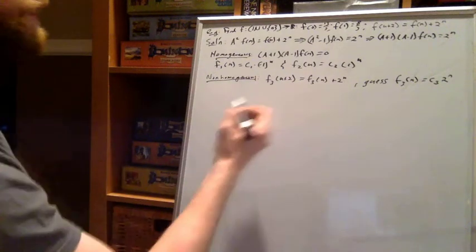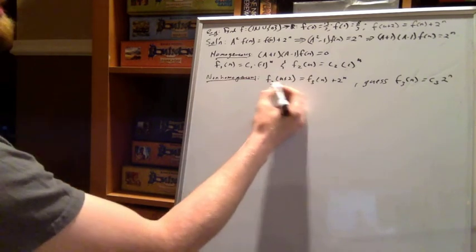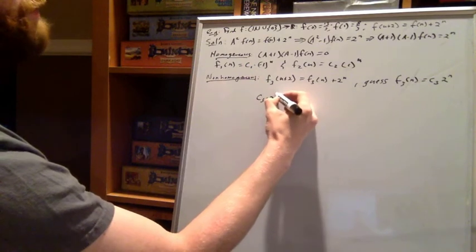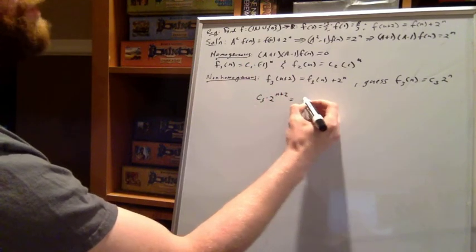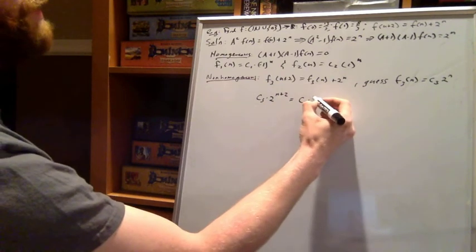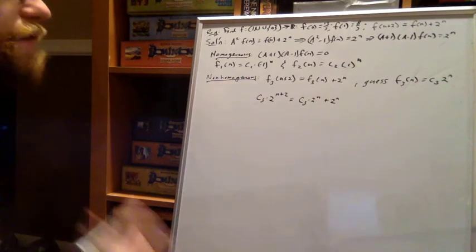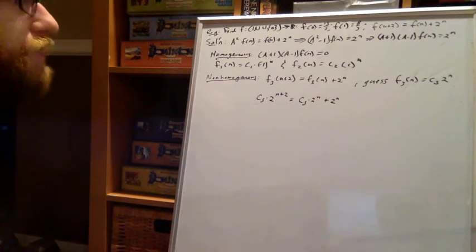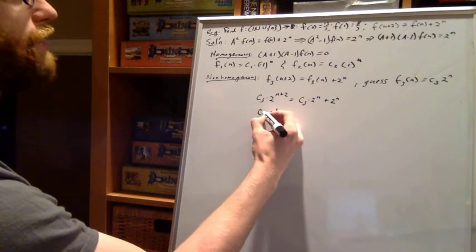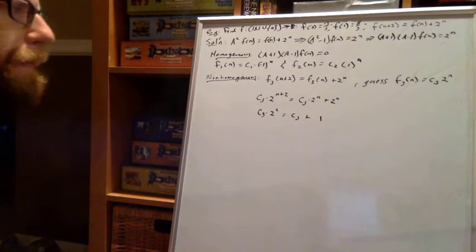So let's plug that in. I have c3 times 2 to the n plus 2 equals c3 times 2 to the n plus 2 to the n. If I divide both sides by 2 to the n, I get c3 times 2 squared equals c3 plus 1.